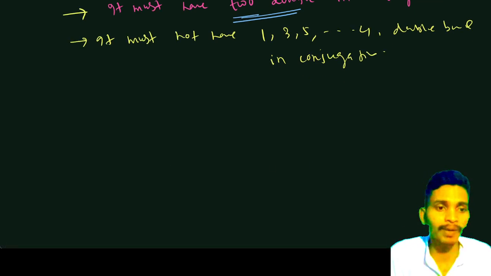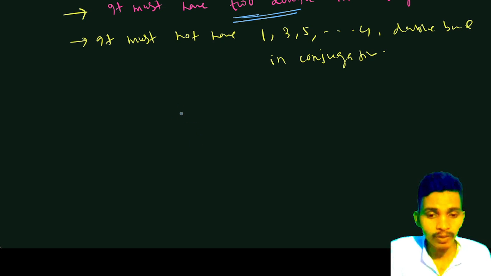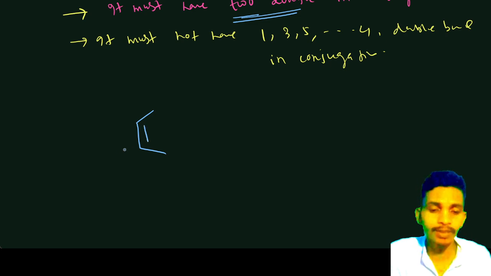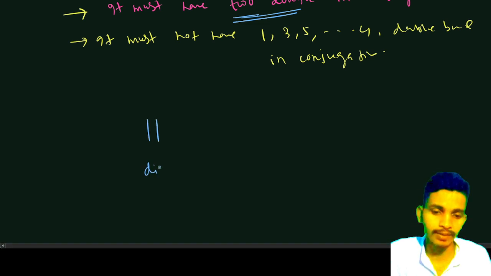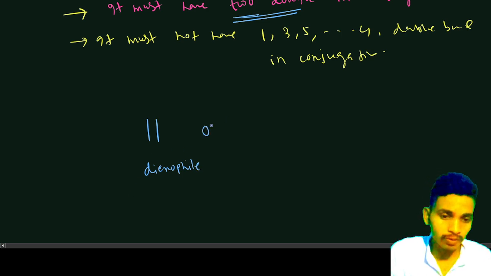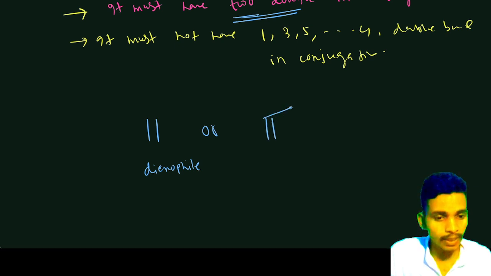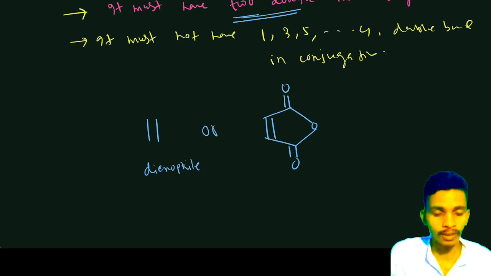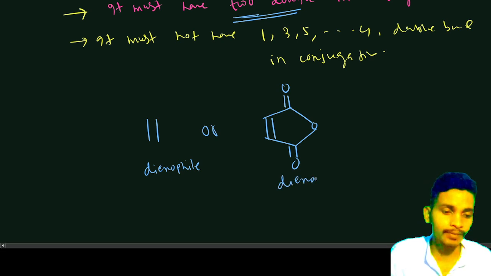Similarly, dienophile means one which loves the diene. So that is known as the dienophile. For dienophiles we may see these types of things. This is a dienophile. It has one double bond, or sometimes we will see this type of thing. So these are all dienophiles.